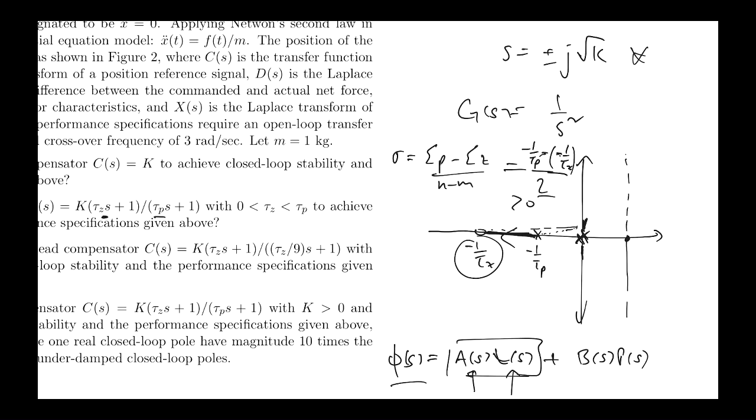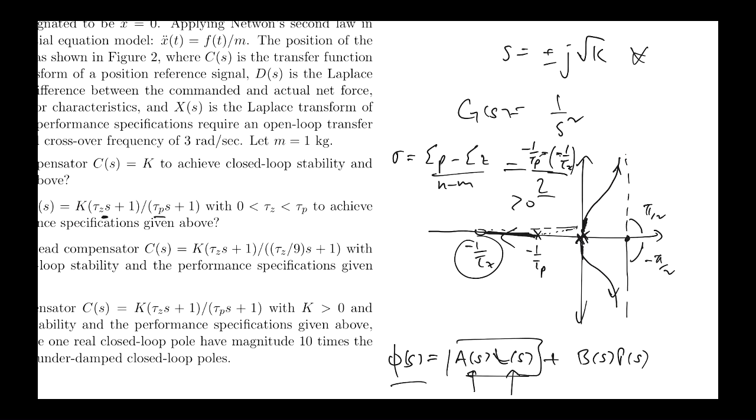And one of the closed loop poles will approach the asymptote at an angle of pi on 2, and the other will approach an asymptote at an angle of minus pi on 2, right? And you can check that, no matter what we choose for the gain, these guys will always be in the right half plane, right?